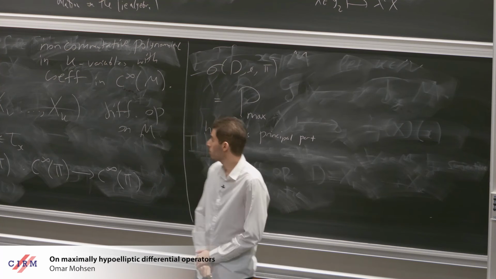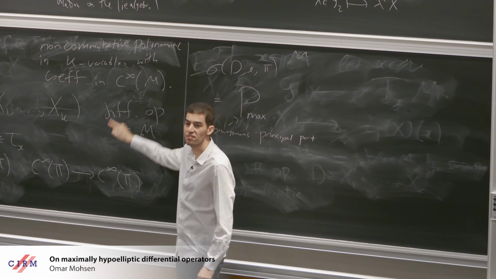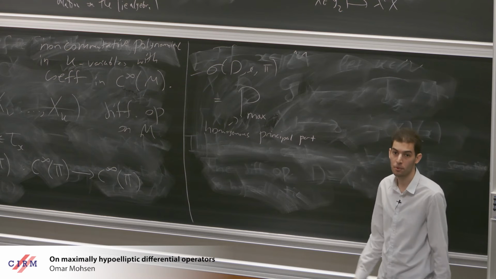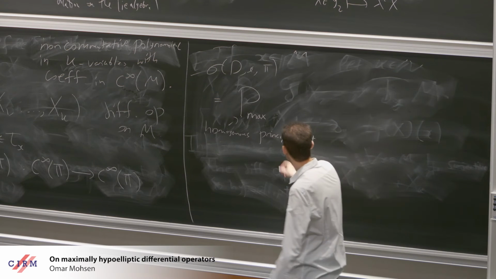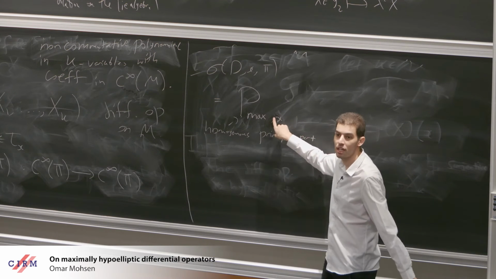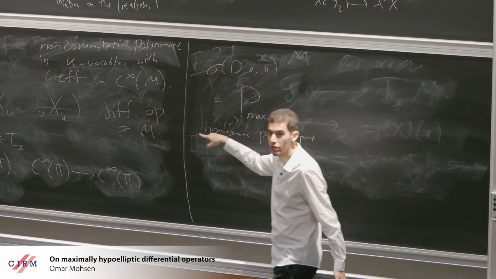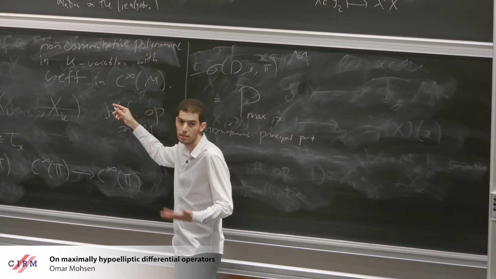I also have another problem. My coefficients could be C infinity functions. Just replace the functions with their value at the point. So now when I do this, my polynomial has coefficients which are complex, and it is homogeneous.